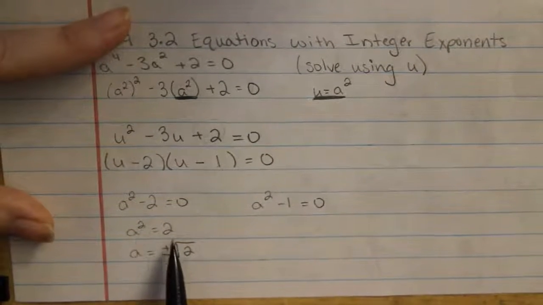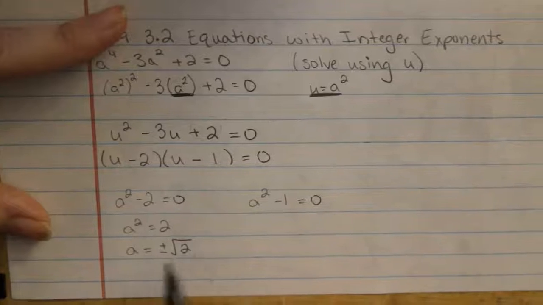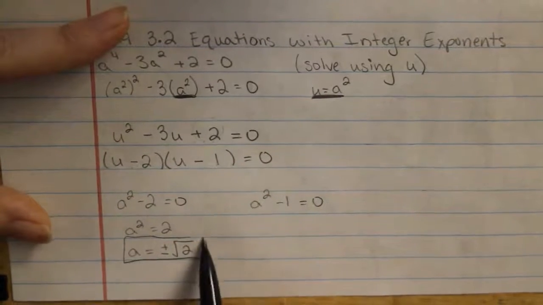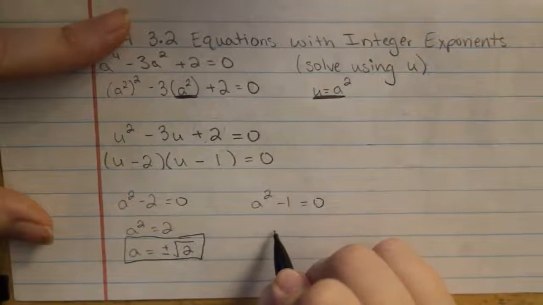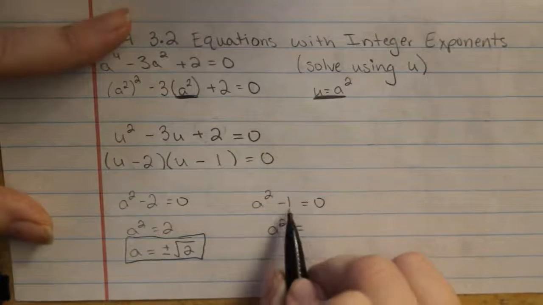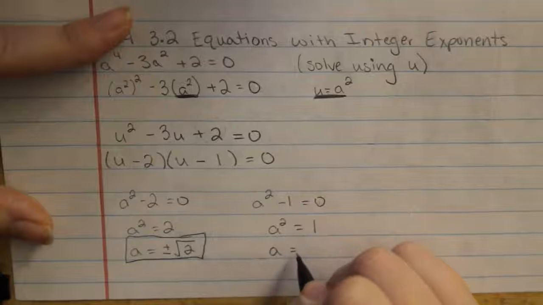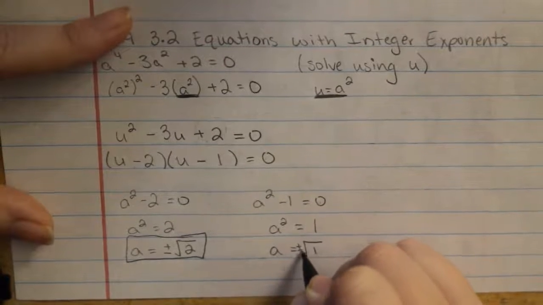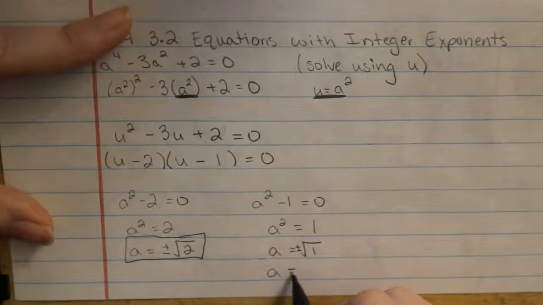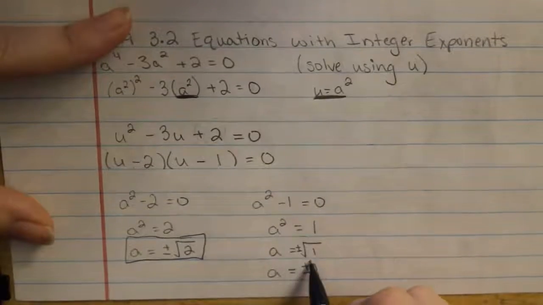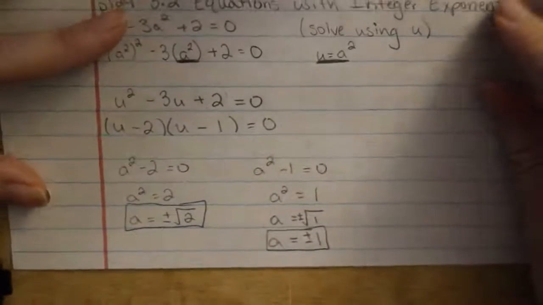Remember, when you take the square root of things, you have to keep that plus or minus there. So there's one of our answers. And then here's going to be another one. a squared equals, let me see, add the 1 to both sides. a is going to equal the square root of 1, plus or minus, which in this case, a is just going to equal plus or minus 1. So here we have both our answers.